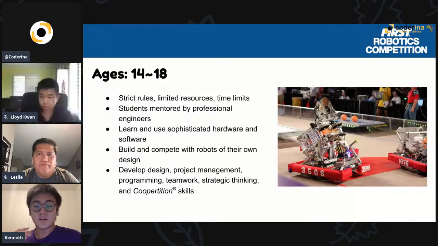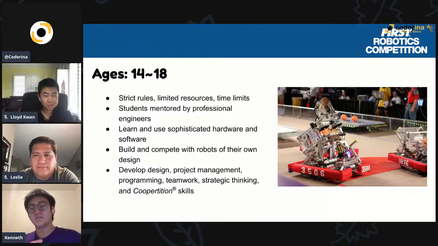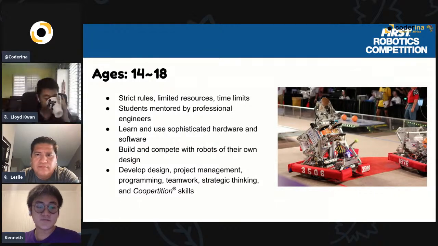We're given limited time, so we only get around 6 to 7 weeks to build the entire robot. You have limited resources. Remember last week we talked about money. You have to save money and use as little as possible. You don't have all the technology in the world; you only have certain things you can use.